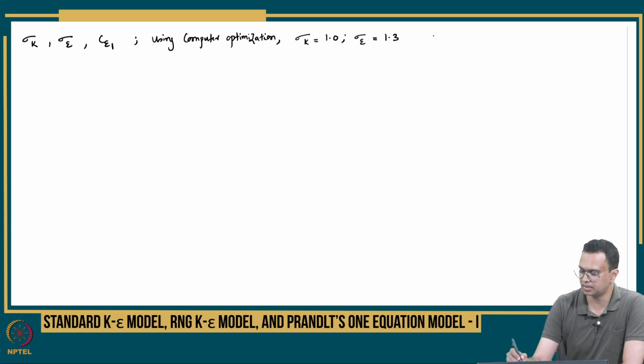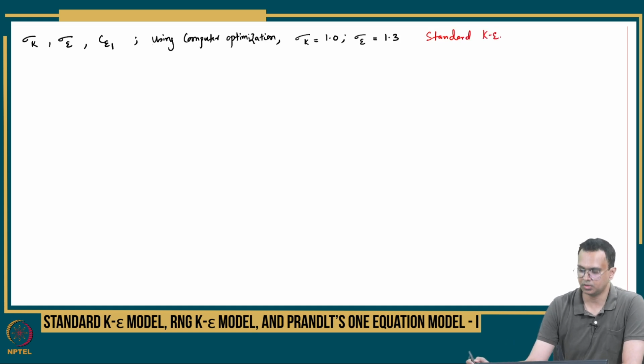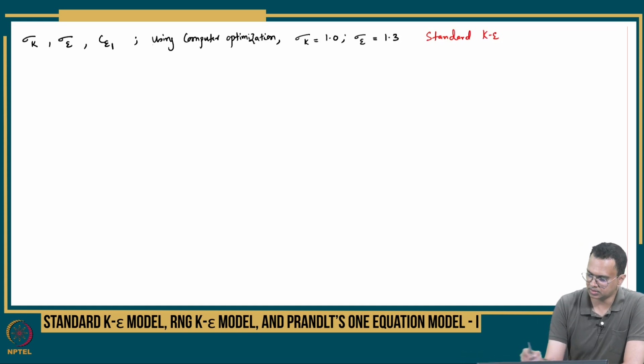Again, this is in the standard K-epsilon model. All the values that I am giving out are for the standard K-epsilon model. Okay. So now C epsilon 1 is the one that we have to look at.